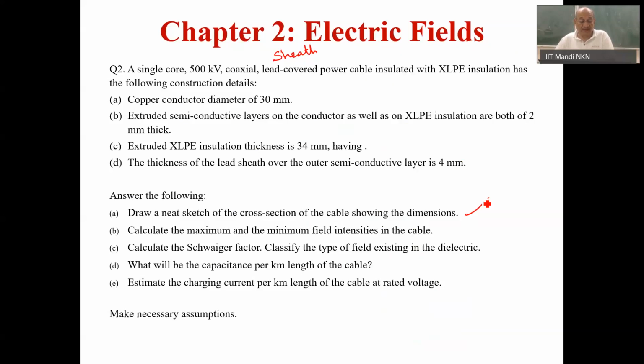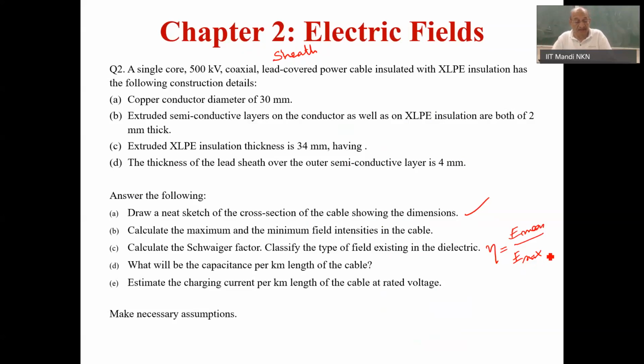And then, when you get the value of Schweiger factor, eta, that is your eta, you can say, is E mean by E max. So E max you will determine in B, and E mean is U by d, the thickness of the dielectric, that is given here to be 34 millimeter.